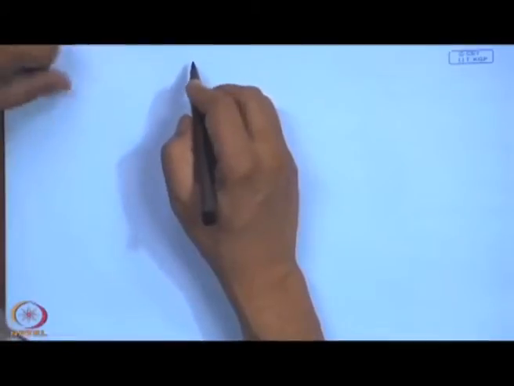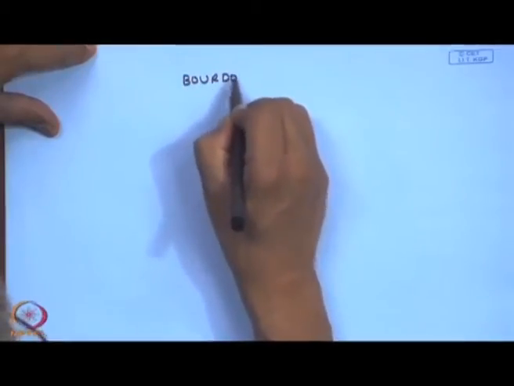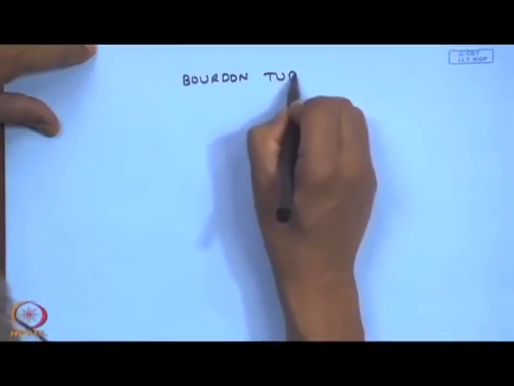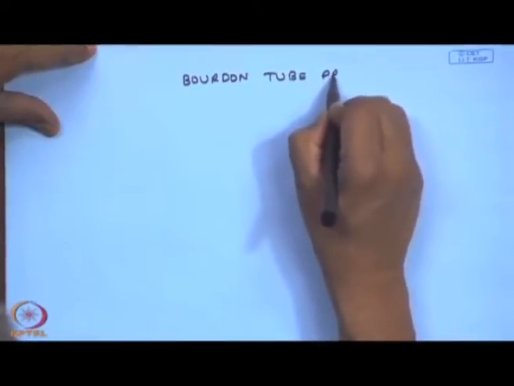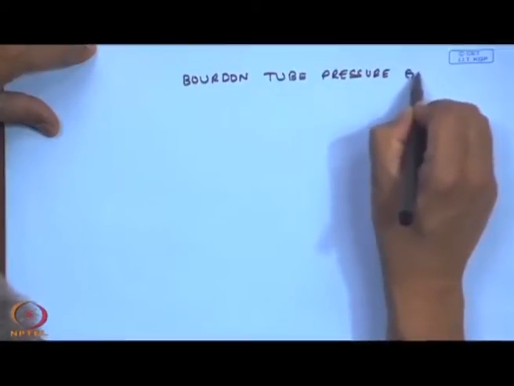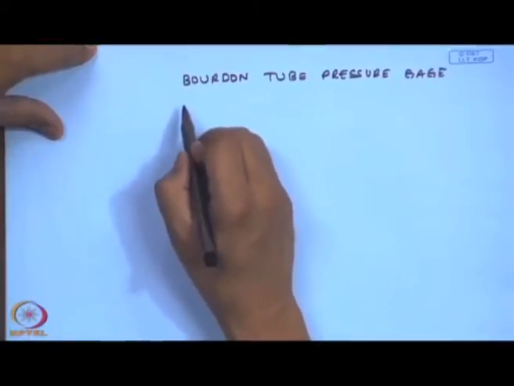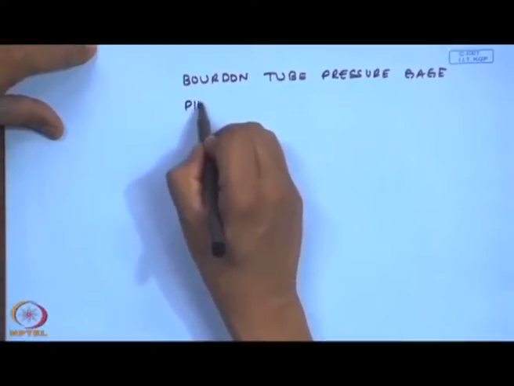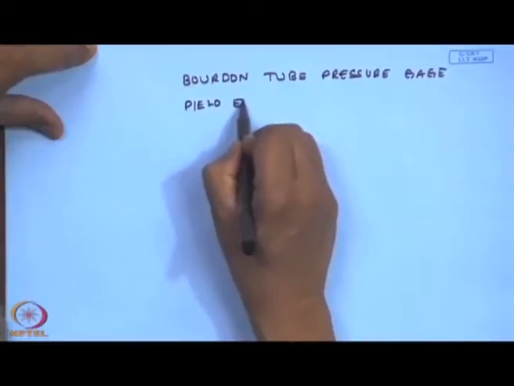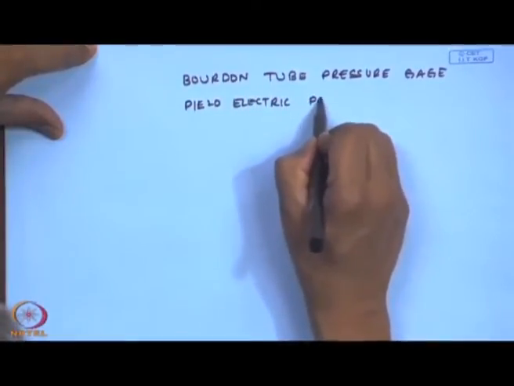So, these pressure sensors are basically, if they are static, we can have the Bourdon tube pressure gauge, and for real time pressure monitoring, use what is known as the piezoelectric pressure gauges.